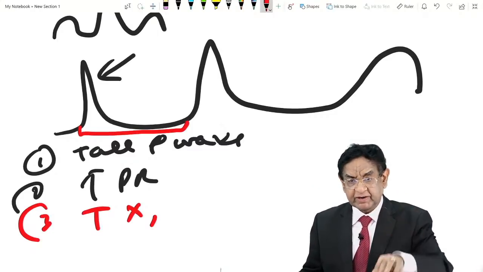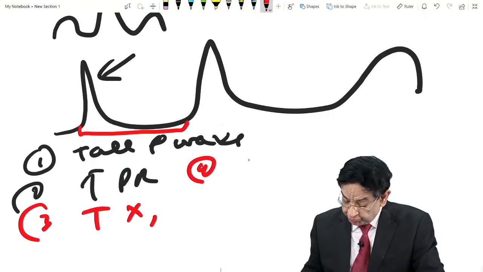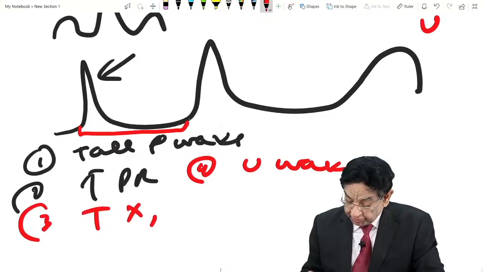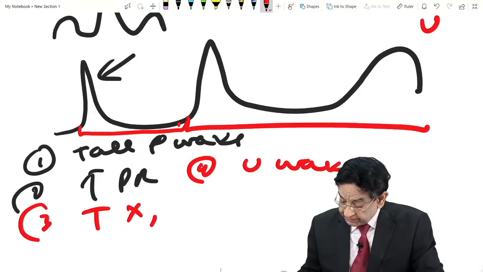U wave appears and a prolonged QT interval. This is the prolonged QT interval.